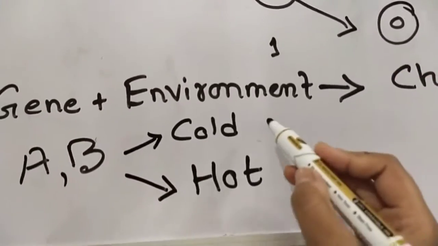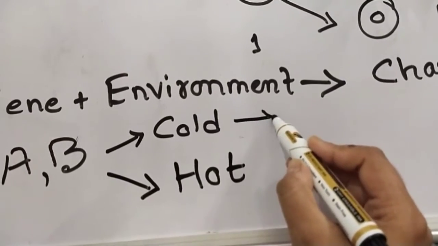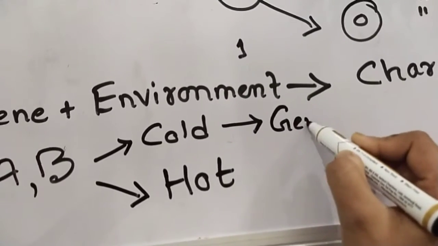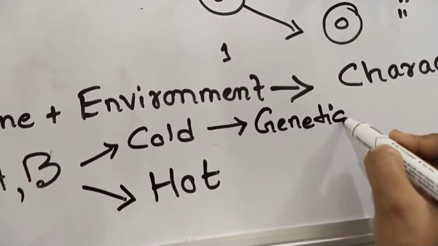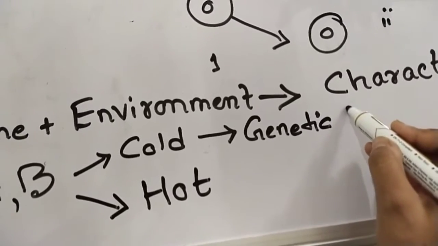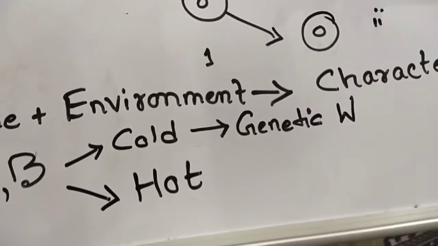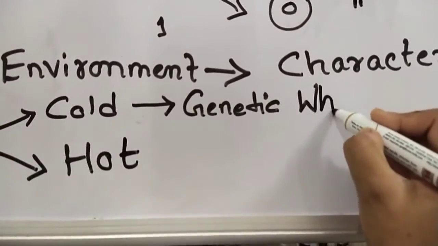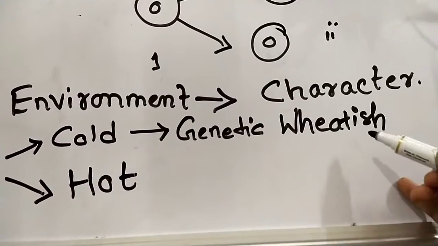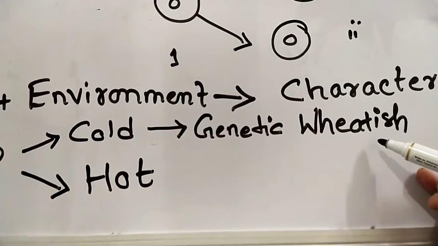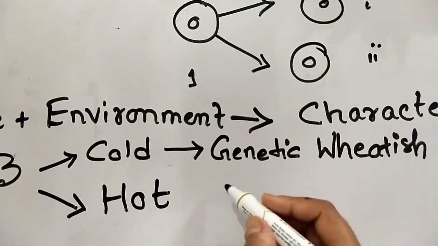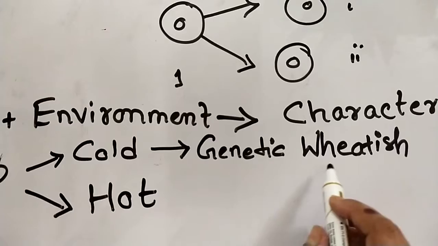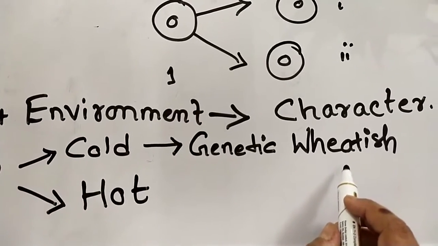Then what will happen? The boy who stays in the cold climate will maintain his genetic look. Say if we talk about the skin color, his skin color was whitish, like we people. You understand what whitish is? It means not so dark, not so light. And what will happen in the cold climate? He is not getting too much sunlight, so he will not get sunburn and his skin color will not get darkened.